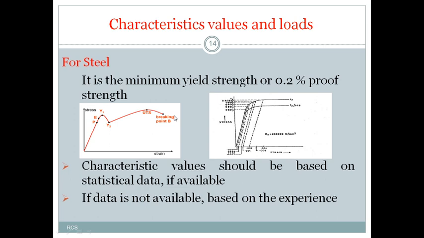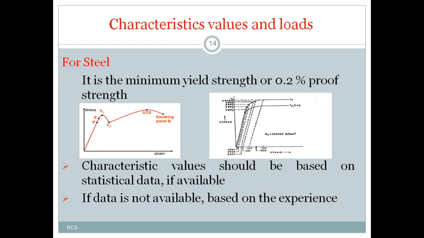So for a mild steel rod, if you want to define the strength of that particular mild steel, it is defined as the minimum yield strength. What do you mean by minimum yield strength? That is the strength of the steel corresponding to the yield point. Which yield point?